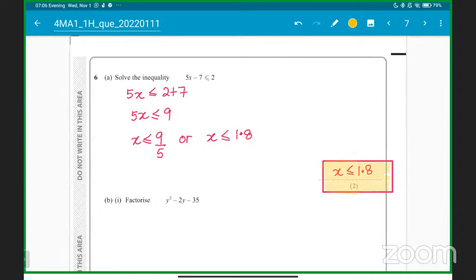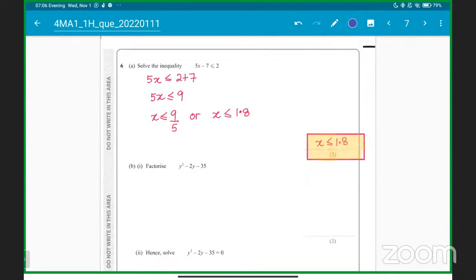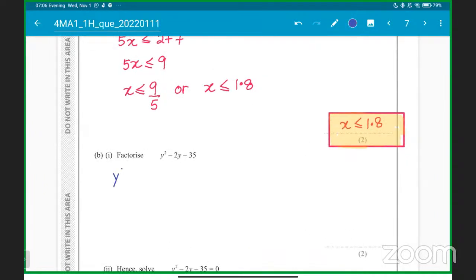Next thing, we have to factorize. So here we go. We have y squared minus 2y minus 35. 1 into 35 is 35. How can you get factors of 35 which differ by 2? 5 sevens are 35, and 7 and 5, when subtracted, give us 2. So I need minus 2 here, so minus 7 and plus 5.